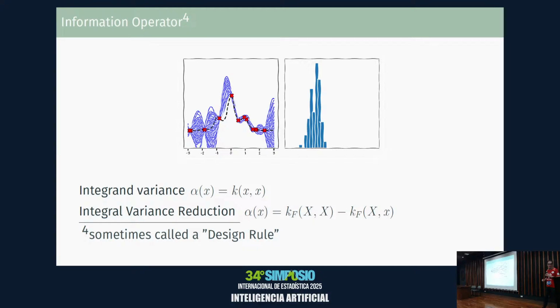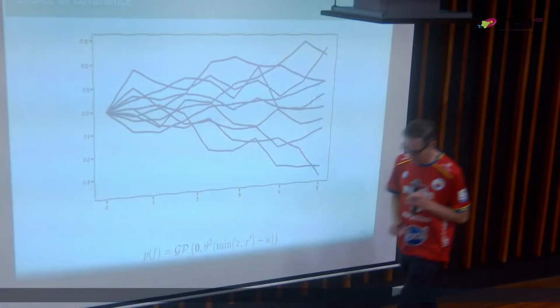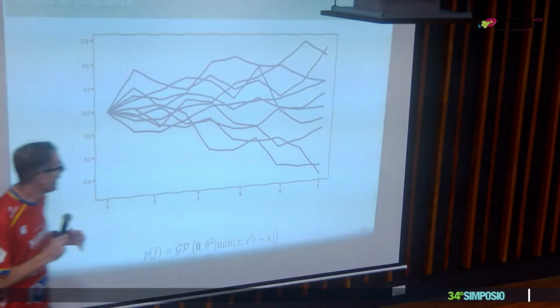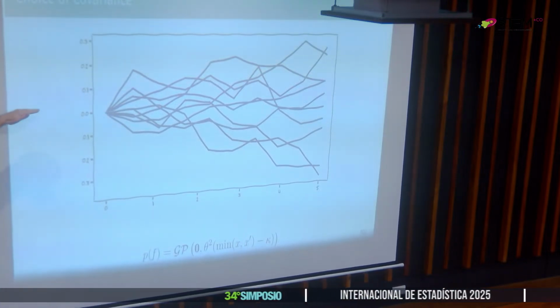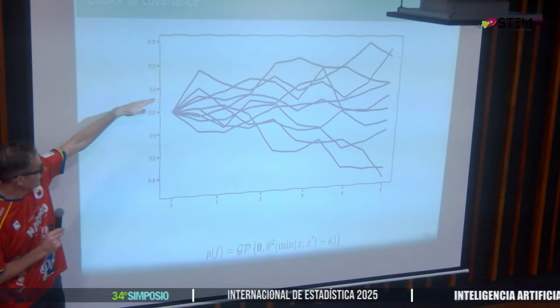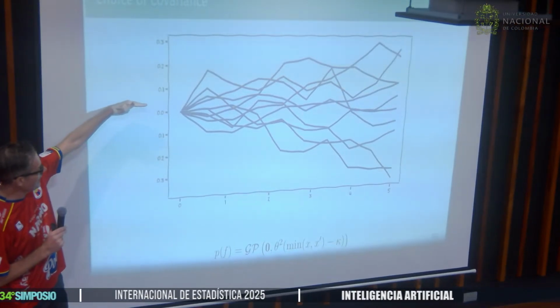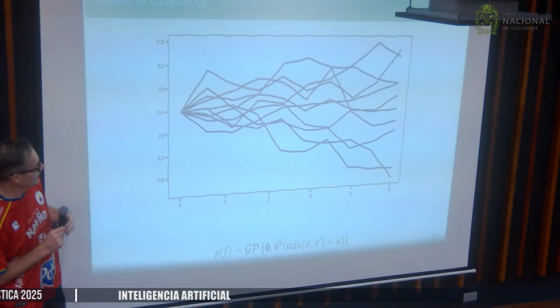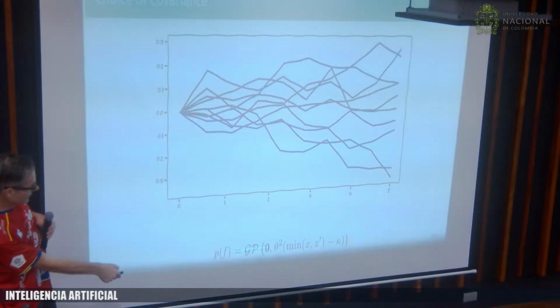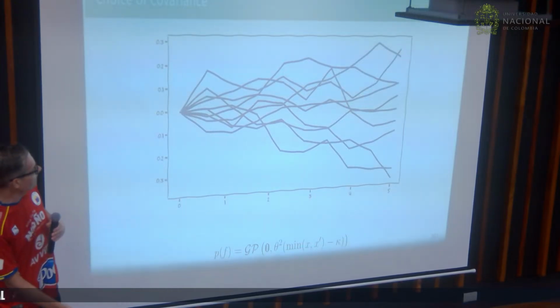So now I'm going to come to the last thing. I'm going to try and be quick on this. Why I'm really excited about this. So let's do something weird. Let's pick a covariance function which is basically Brownian motion. So I'm specifying a GP that has this covariance function. So it's piecewise linear functions, okay? Covariance looks like that, okay?